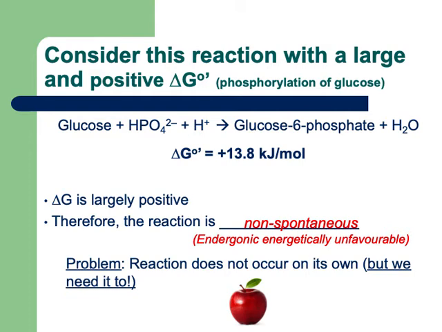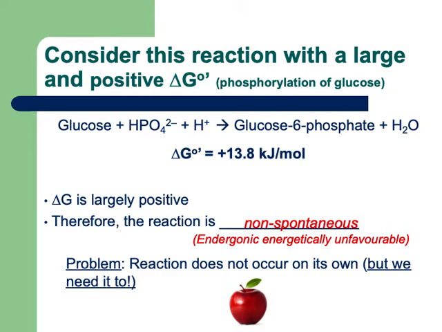If we consider this reaction of adding a phosphate, this reaction is actually consuming energy, and therefore the delta G would be 13.8 kilojoules per mole. So it would be an endergonic reaction, and therefore it would happen non-spontaneously. But yet we need this reaction to happen spontaneously and hopefully not consume this much energy.